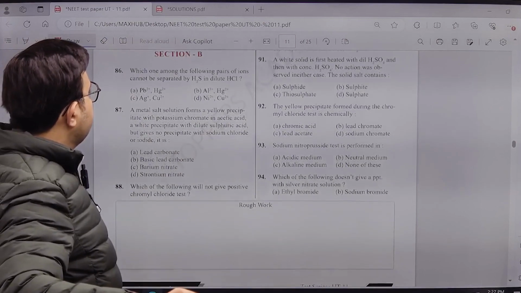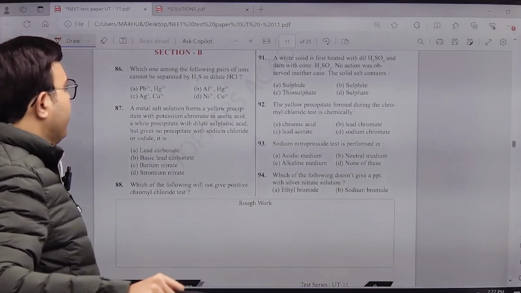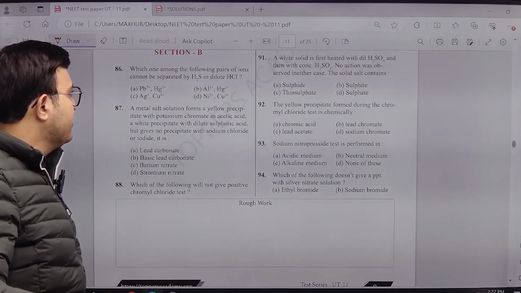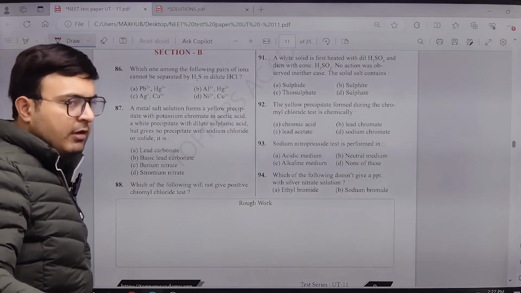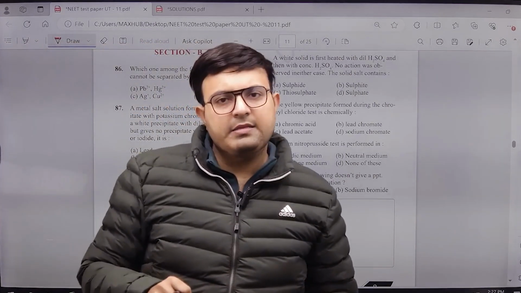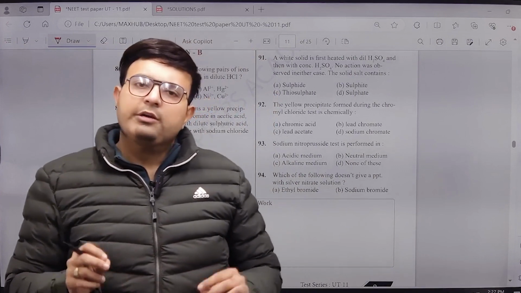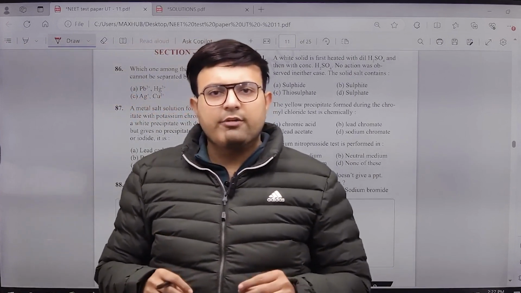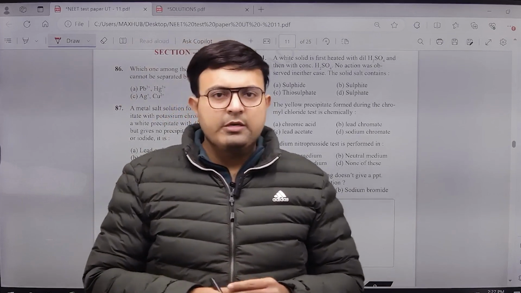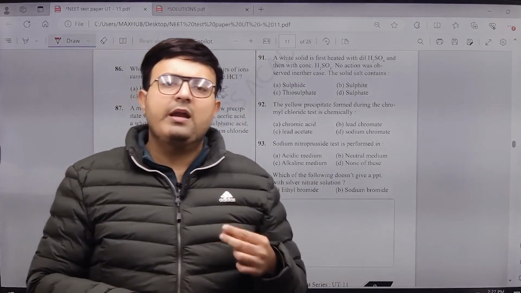Next question is which among the following pairs of ions cannot be separated by H2S in dilute HCl? Okay, so as we know, your base radicals, that is metal ions, are divided into different groups, starting from group 0 going up to group 5. So now they are adding H2S and HCl.